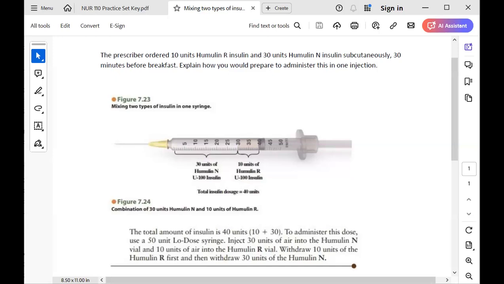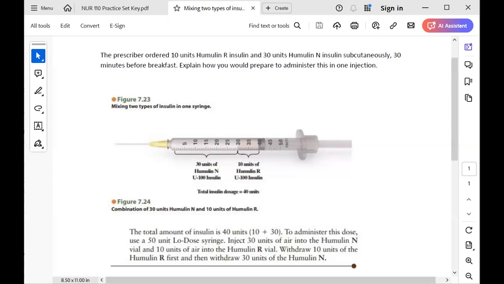Okay. 10 units regular first, and make sure it's clear that that's what you're doing. And then the total, you're just going to add them up, right? So 10 plus 40. So it would be 50 units total.